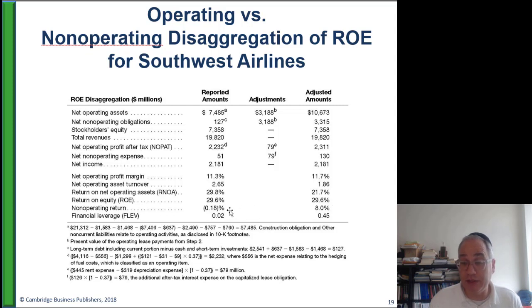And your non-operating return is going to go from negative 0.18%, which really doesn't make any sense, to 8%, which seems a little more reasonable. Financial leverage is the biggest deal. Financial leverage is going from 0.02 all the way up to 0.45, which seems a lot more reasonable. So this analysis is really going to help you come up with a more accurate analysis of your company's real value.